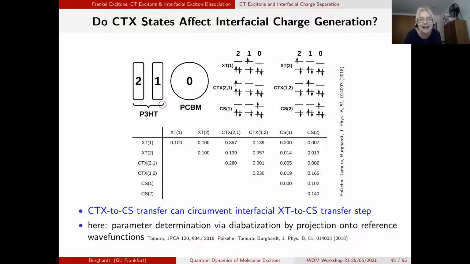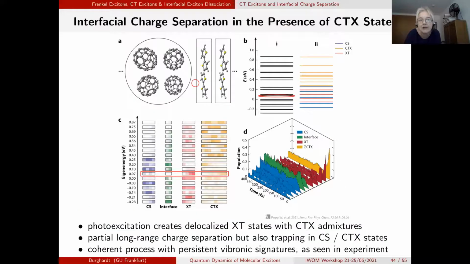Last aspect here: does this charge transfer state formation affect interfacial charge generation? Yes, because we open new channels to the transfer to an acceptor species, here a PCBM type species.